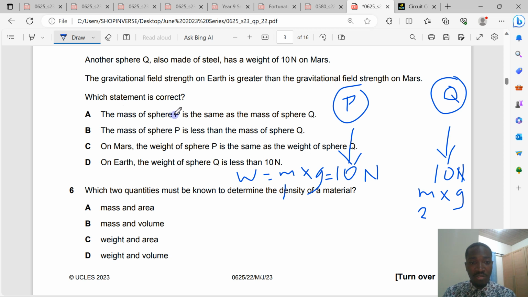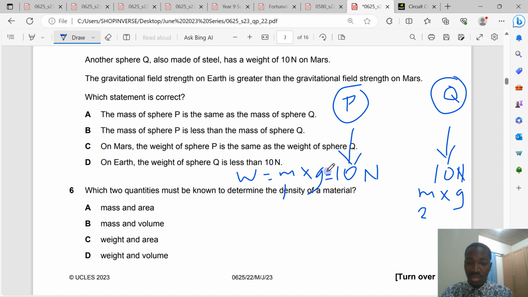The mass of sphere P is the same as mass of sphere Q. No, they don't have the same thing. The mass of sphere P is less than the mass of sphere Q. Should it be this? Yes, the mass of sphere P is 1, based on the values we just assigned. We assigned 10 for gravity on the Earth, and we assigned 5 for gravity on Mars.